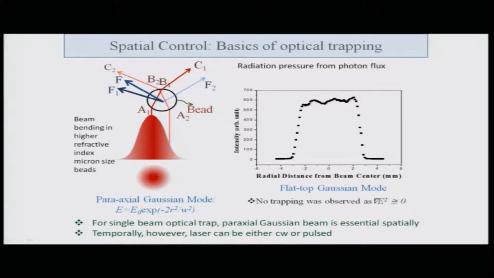So, for a single beam optical trap, a paraxial Gaussian beam is essential. Temporally, however, the laser can be either CW or pulsed.